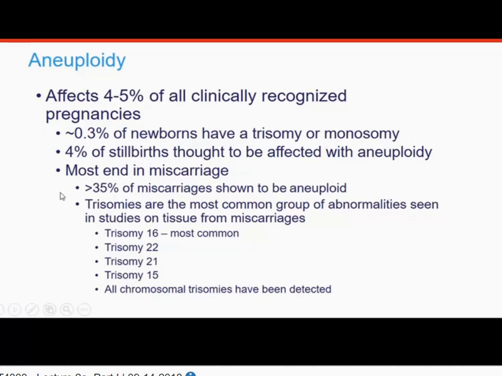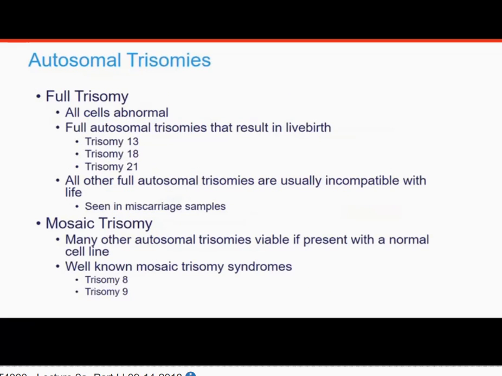Trisomies are the most common group of abnormalities seen in studies on tissue from miscarriages: 16, 22, 21, and 15. But all chromosomal trisomies, including chromosome 1, the largest chromosome, have been detected in a miscarriage sample. The trisomies that are viable, meaning compatible with live birth, are only 3: trisomy 13, 18, and 21.